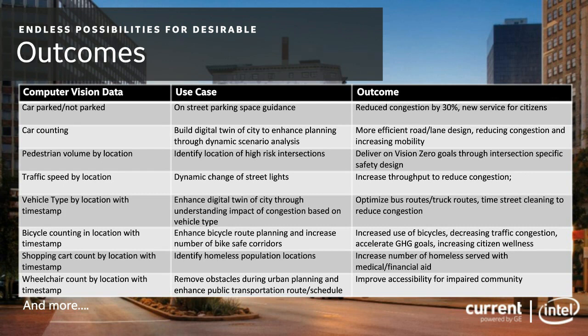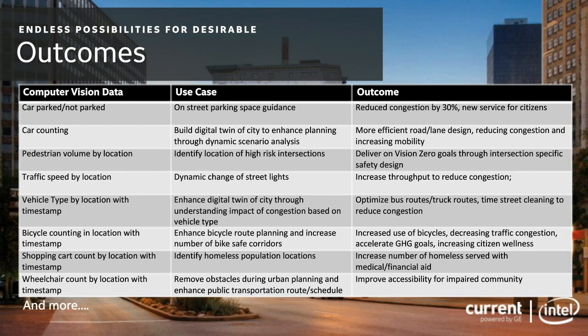The first example here is probably one of my favorites, because when you think about the early example of how the computer vision was detecting a car entering and exiting a parking space, those two events, the park in and the park out event, going to the cloud and landing in an application through an API can be used for a number of different use cases.